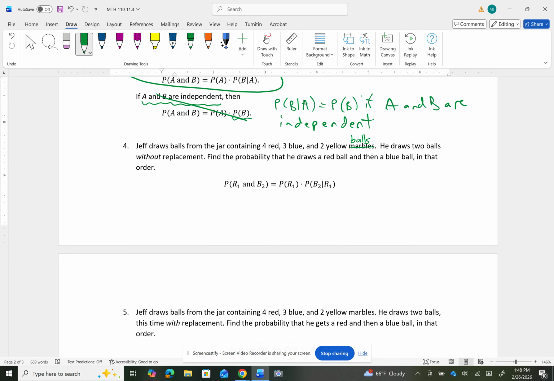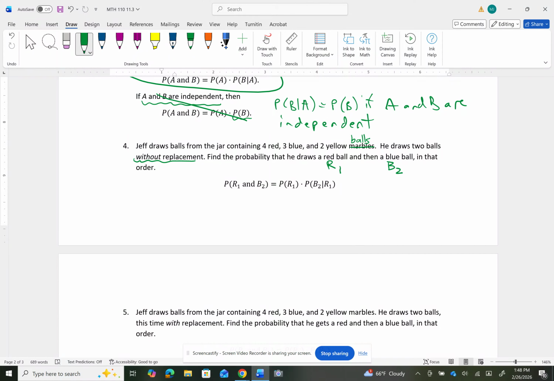He's going to draw 2 balls from the jar, without replacement, and our job is to find the probability he draws a red ball and then a blue ball. The blue ball would be for his second draw. You'll sometimes see subscripts like this that can be very helpful: red ball first, and then a blue ball second.